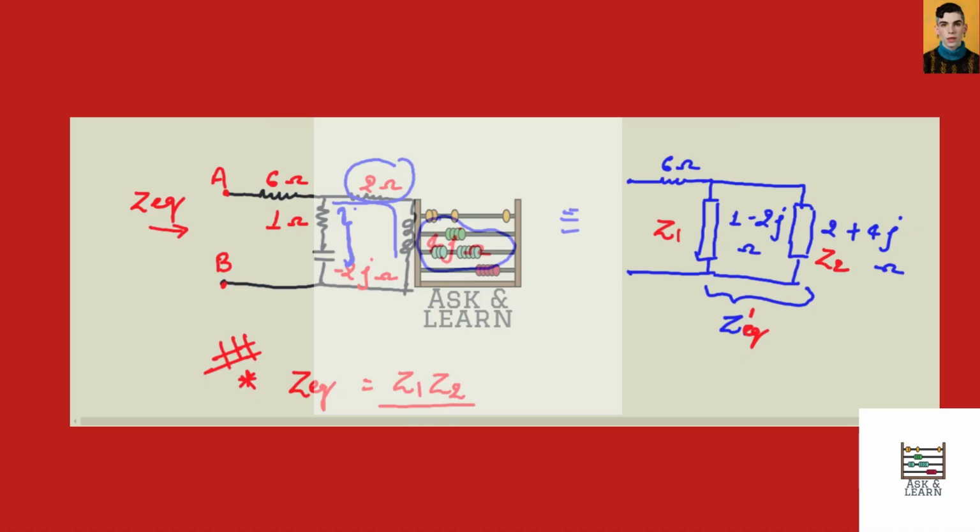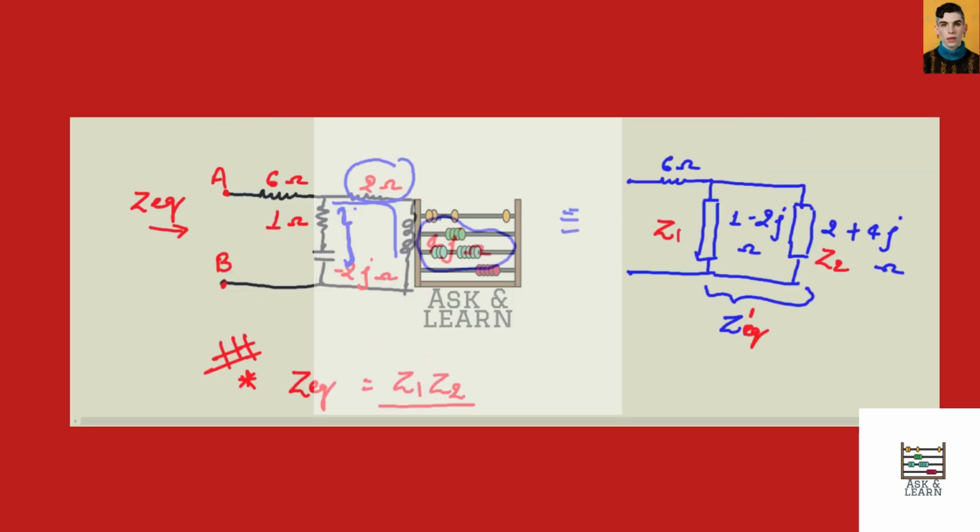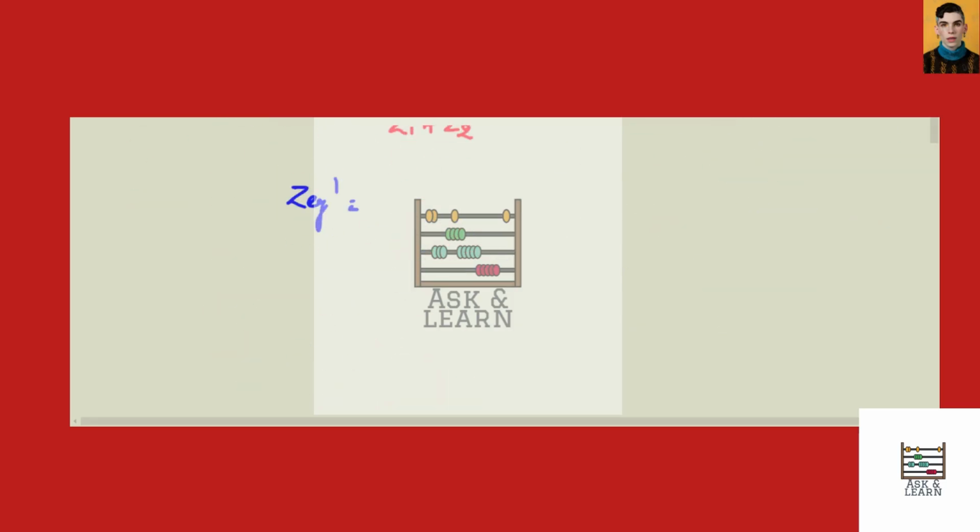So Z equivalent prime is equal to Z1 into Z2 by Z1 plus Z2. Now let's put the values from the circuit.